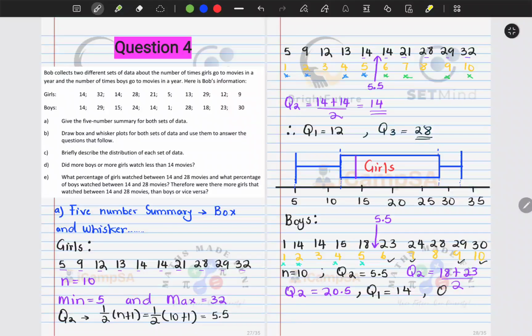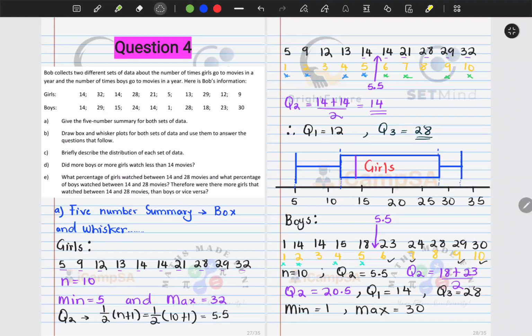Okay, so your Q3 equals 28. And let's have a look at our min and max. So the minimum for boys is 1, and the maximum for boys is 30.